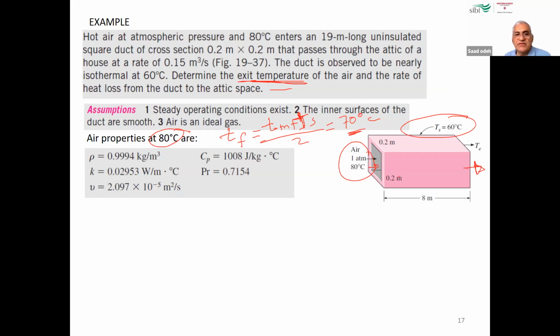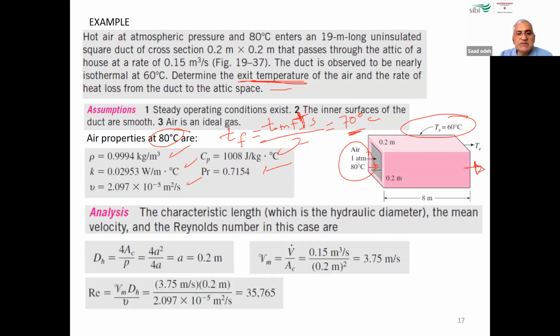For air, the difference between 80 and 70 is not big, and all these properties don't change much between these two temperature values. But for consistency, make sure that you use T-film rather than the temperature of the fluid alone, because it depends on the question and on the fluid temperature and the surface temperature of the tube or the duct.